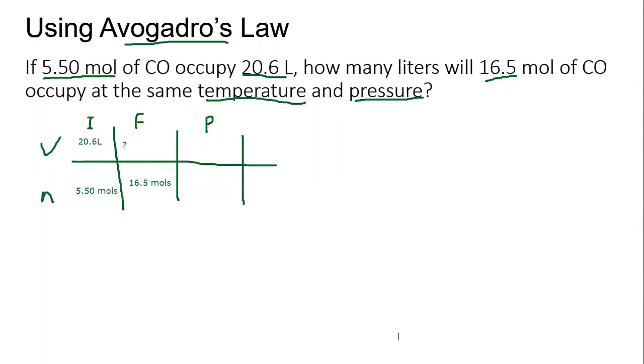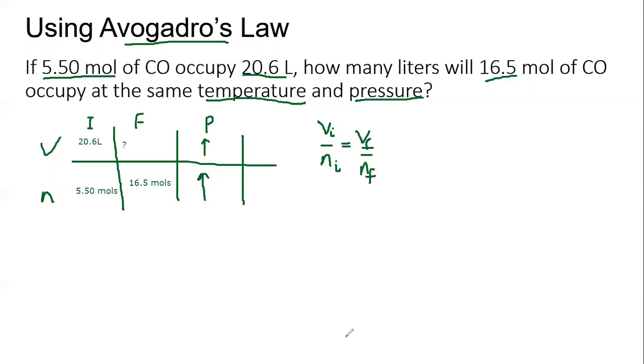And so here you'll notice that we increase the moles, so we predict that the volume will also increase. Now we're going to use that equation VI over NI equals VF over NF.